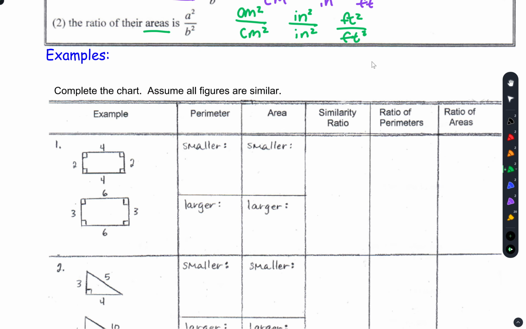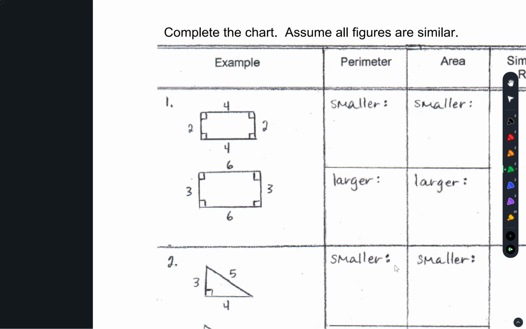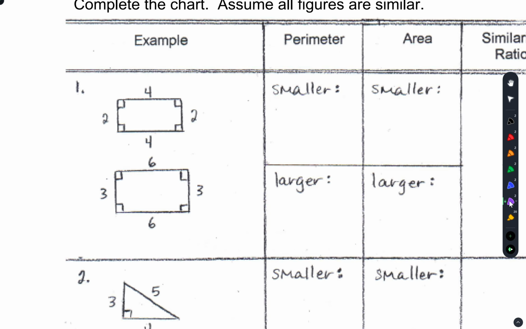So this is a little bit of like a discovery and exploration. I'm only going to make us do one of these. The first thing we're going to do is find the perimeter and the area of each one of these shapes. And then we're going to start comparing them. So for the smaller shape, my perimeter, 2 plus 4 plus 2 plus 4 gives me 12 units as my perimeter.